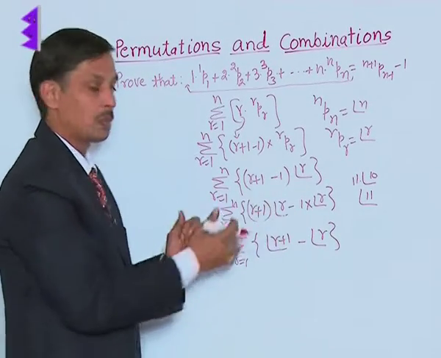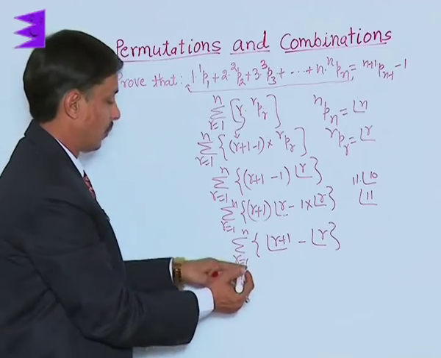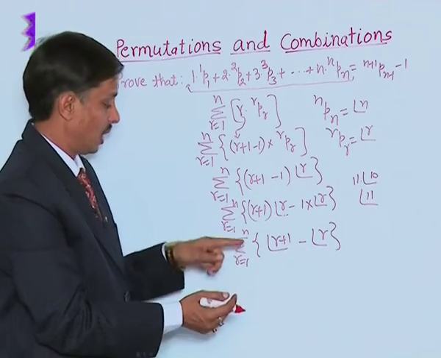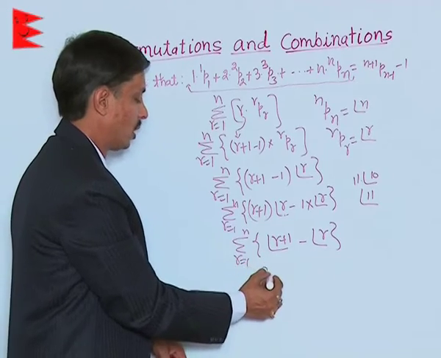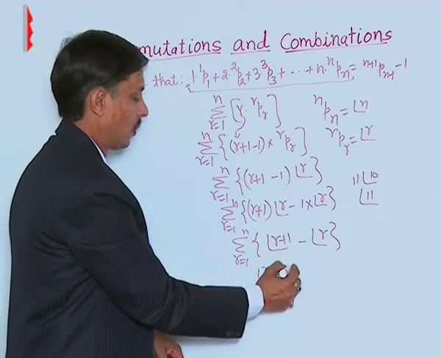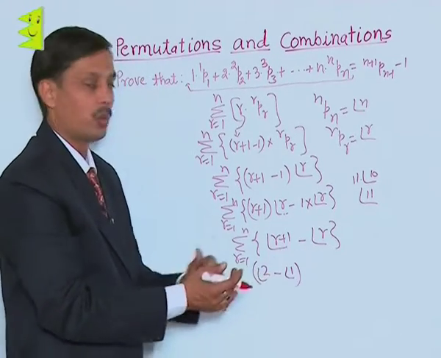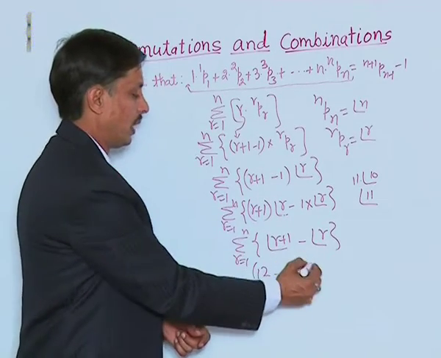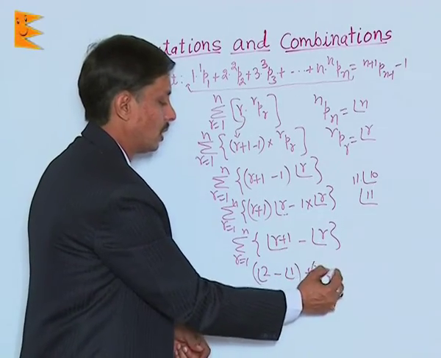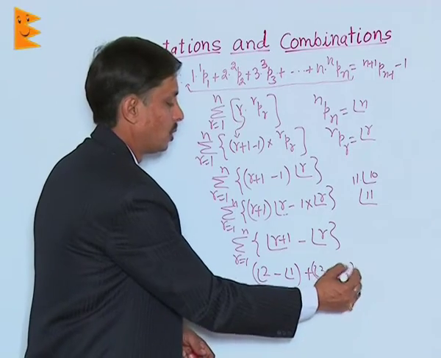Now I will expand it. On putting r equals 1, the first component will be factorial 2 minus factorial 1. If I put r equals 2, it will be factorial 3 minus factorial 2.